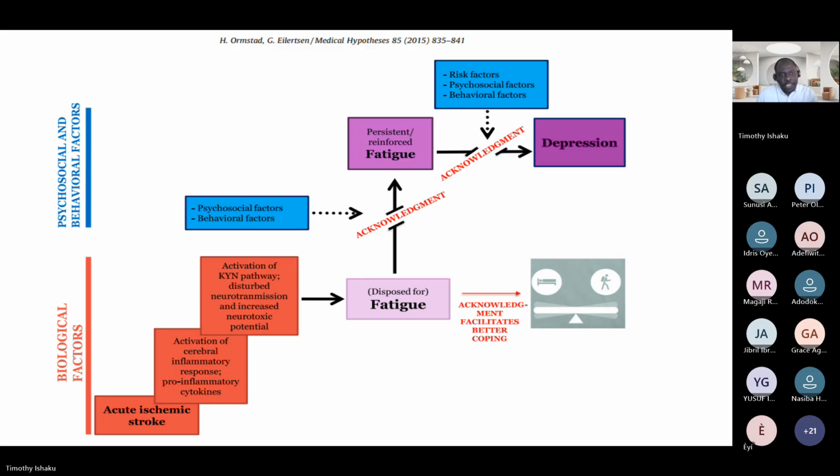This is specifically looking at the context of the fatigue that happens. In most of our patients, one of the biggest features of stroke is post-stroke fatigue. It's a big thing in stroke. Now, these biological changes that happen as a result of stroke predispose patients, whereas a normal person without a stroke may have a big coping mechanism and can deal with fatigue.